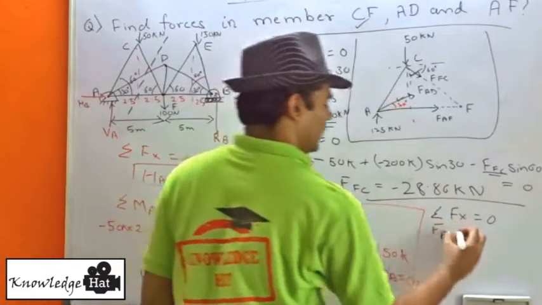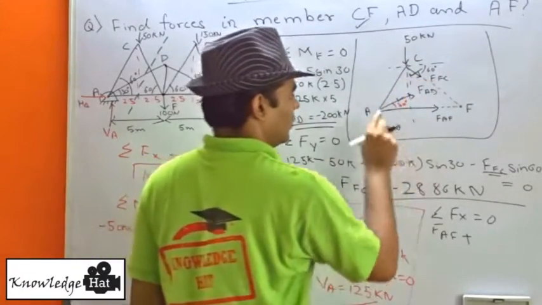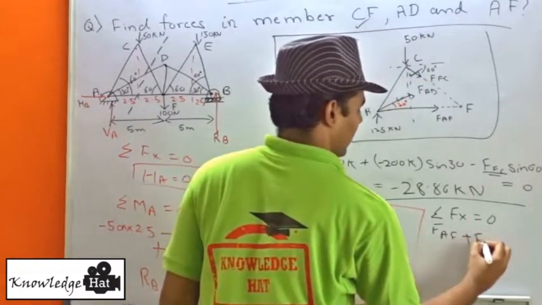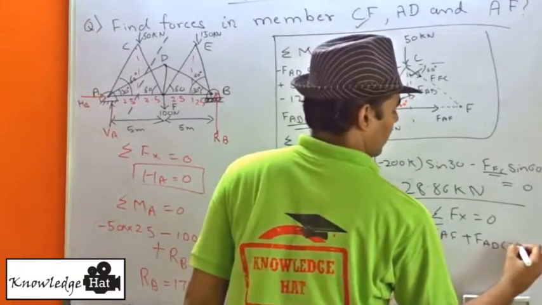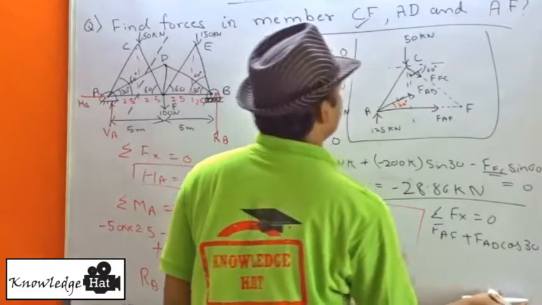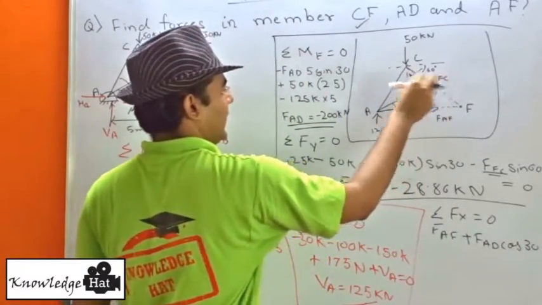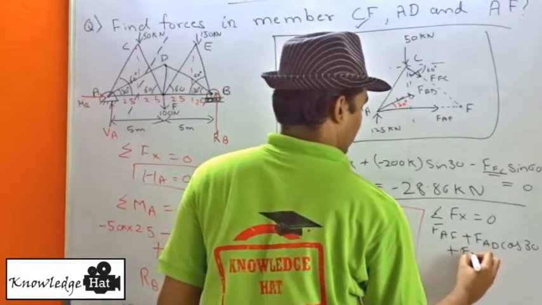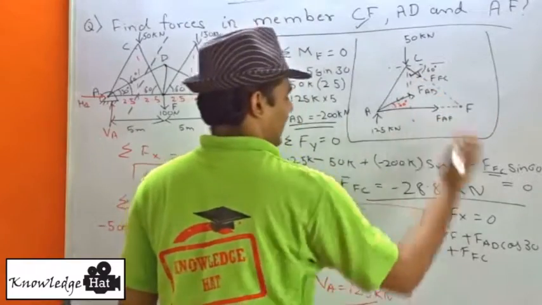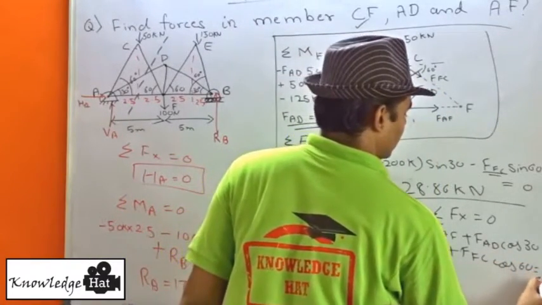One is FAD, so this will be plus since it is in positive x direction, plus FAD, making an angle of cos of 30 degrees. And the other is again FFC, it is again in positive x direction, so plus FFC making an angle of cos of 60 degrees, and we equate this to 0.